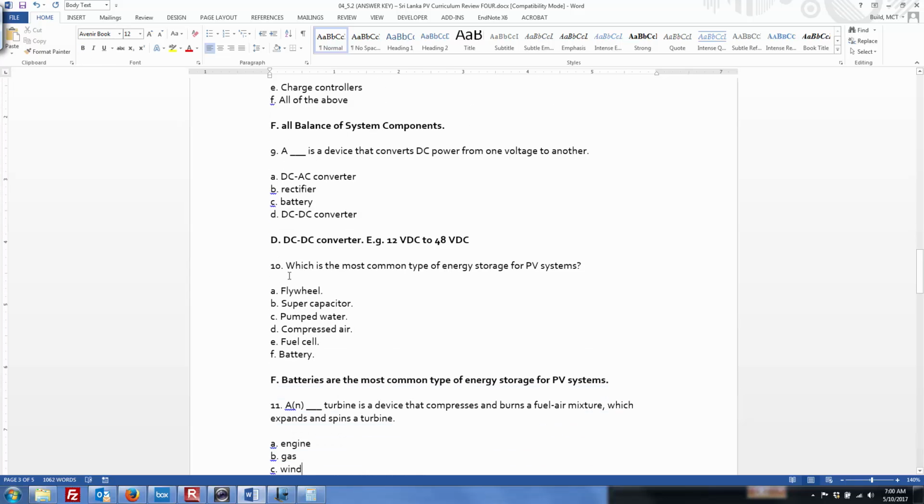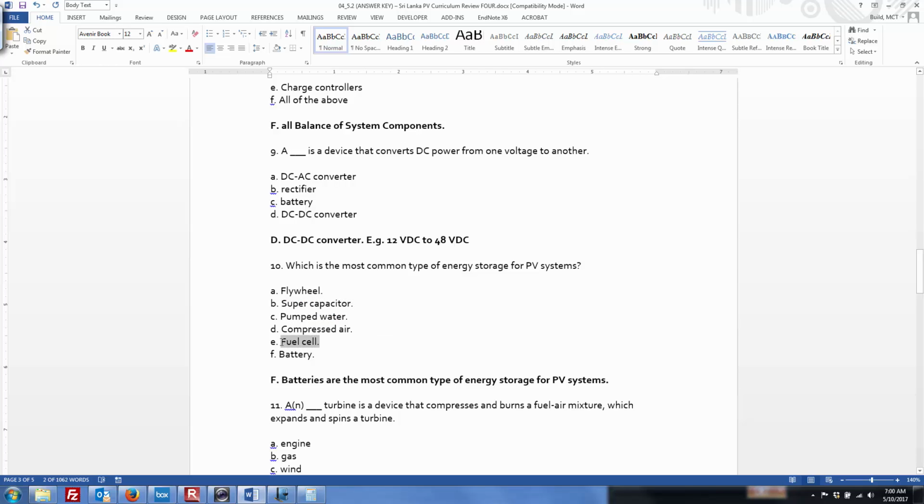Okay, this one's kind of fun. What's the most common type of energy storage for PV systems? Well, not typically a flywheel, but those are pretty cool. Not typically a supercapacitor, which are great. Not typically pumped water, although those are happening. Not typically compressed air, but those are coming online as well.